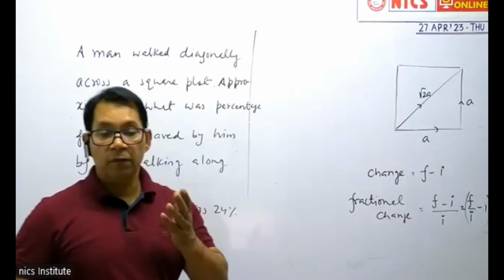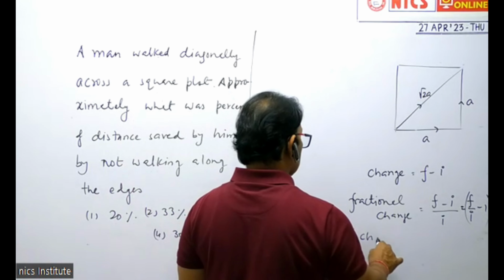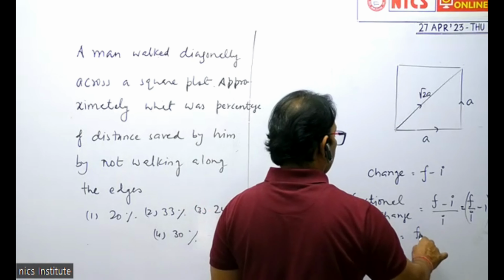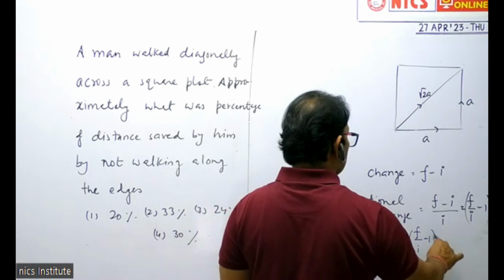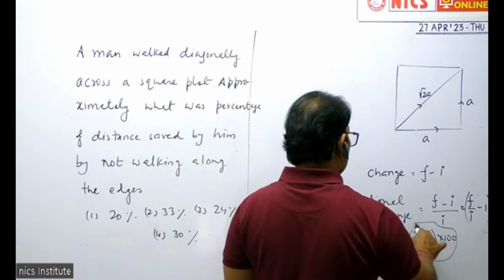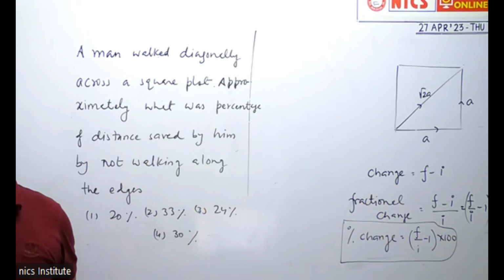And if you want to know, percentage change would always be final by initial minus 1 into 100. For any quantity, if you want to find out the percentage change, this is the formula you have to use. F by I minus 1.